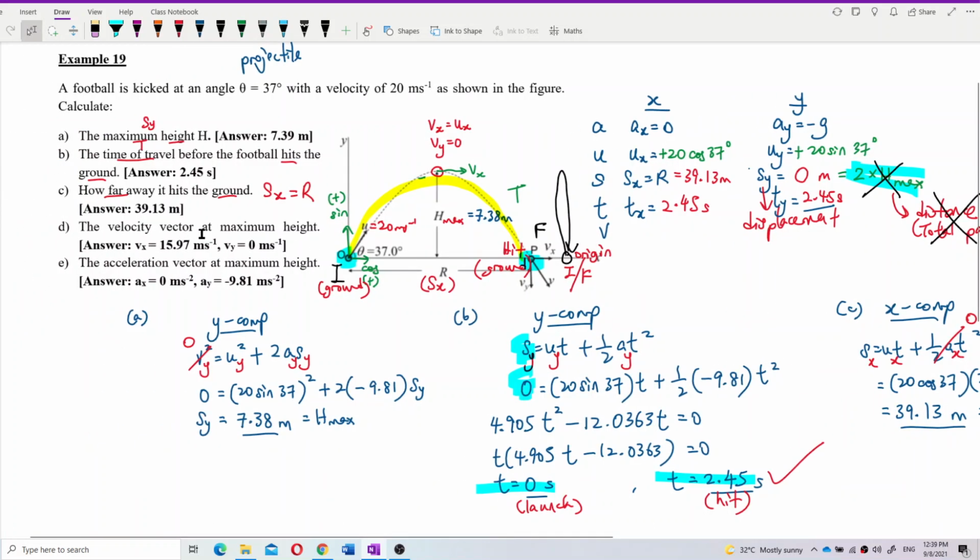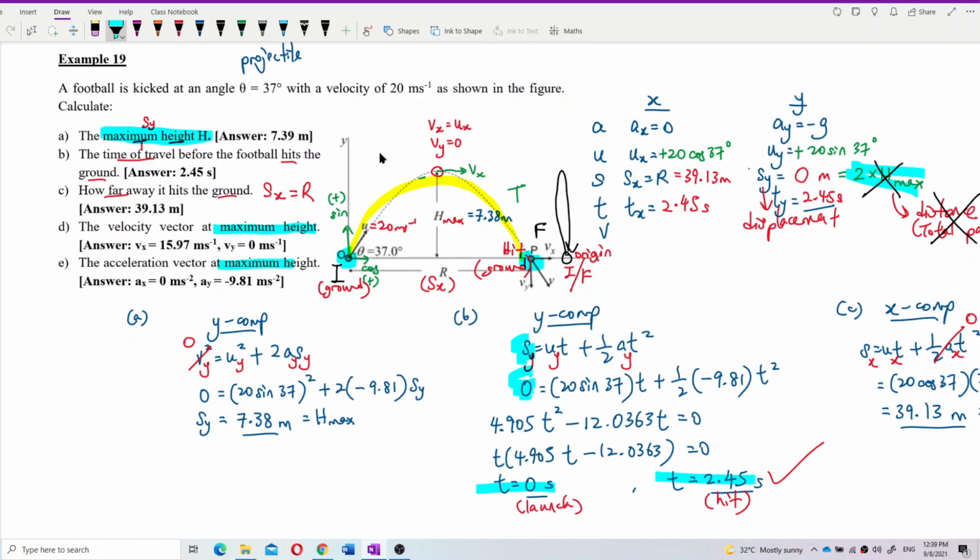What is the velocity vector at maximum height? Oh, this one changes the situation again. This one is not hitting the ground. You must be careful. What is the acceleration vector at maximum height? Question A is maximum height. Question D is also maximum height.